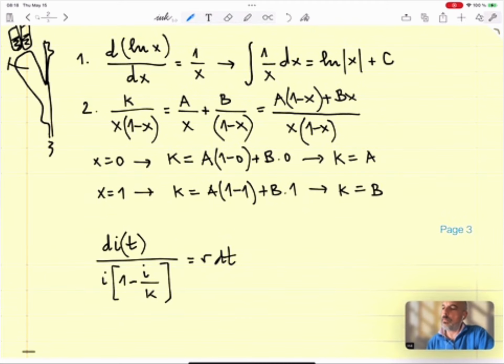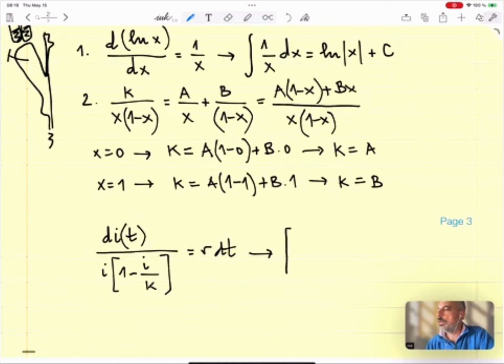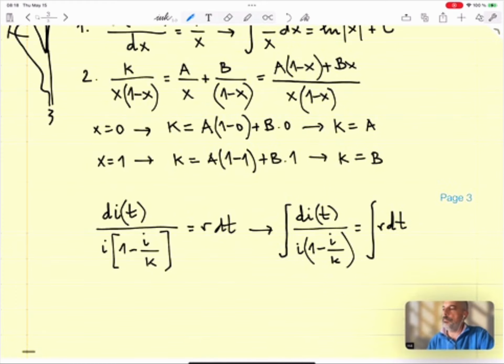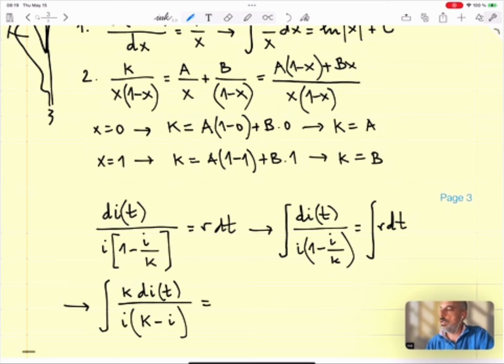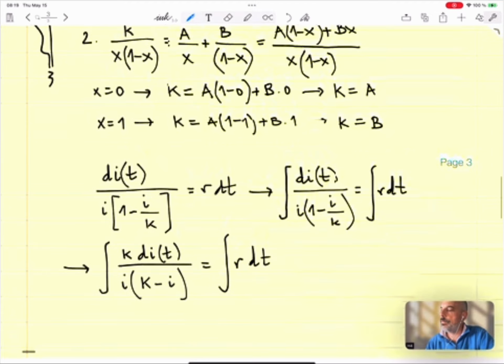Okay, so we can of course integrate both sides. This is similar to the integral of k dI divided by I times (k minus I) equals the integral of r dt.